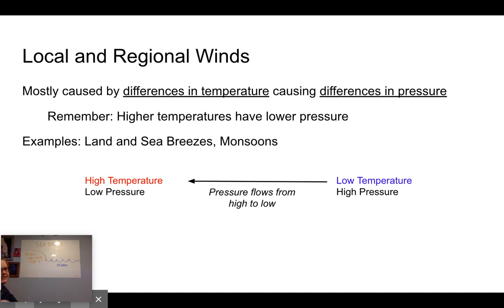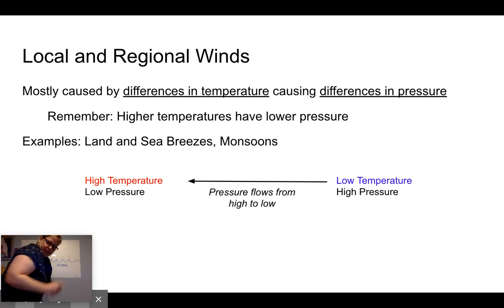I'm going to write high T for high temperatures. And if the temperature is high, that means that the pressure is low. So I'm going to put a big old L right here on the beach for low pressure.